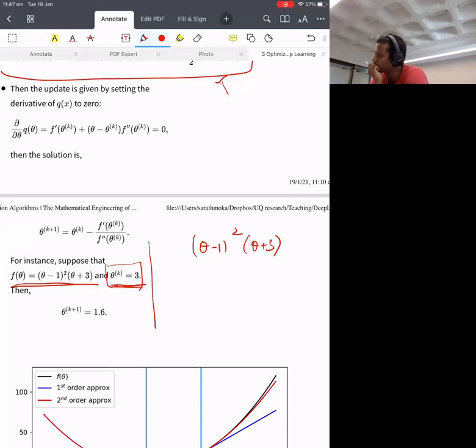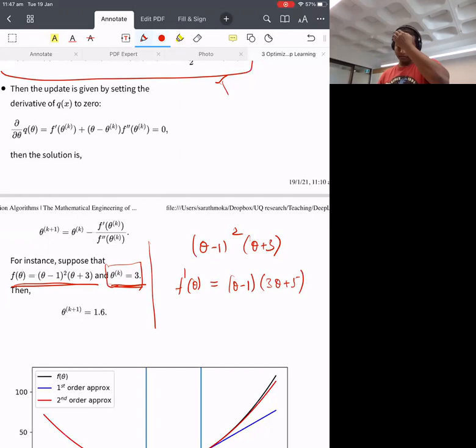It's taking longer. Did you get theta minus 1, theta plus 5?